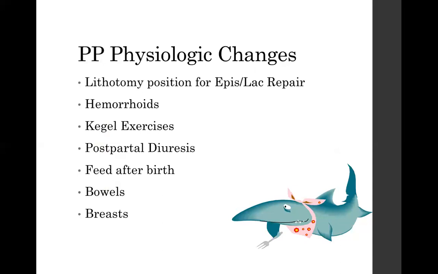Remember, mom has 50% more blood volume during pregnancy than in her pre-pregnancy state. So all of that volume has to go somewhere. Mom typically diureses at night. She'll experience significant diaphoresis probably around the second night, and it's totally normal for her to wake up in a completely soaked gown.